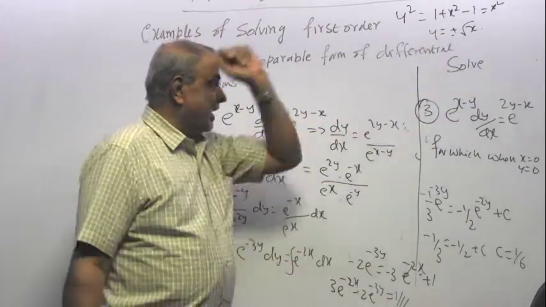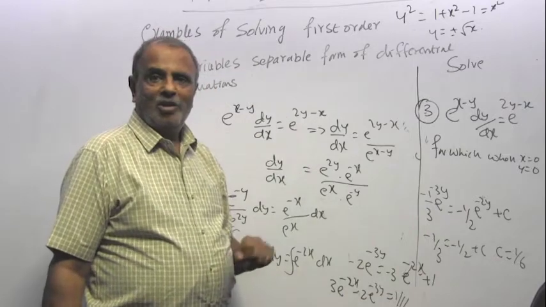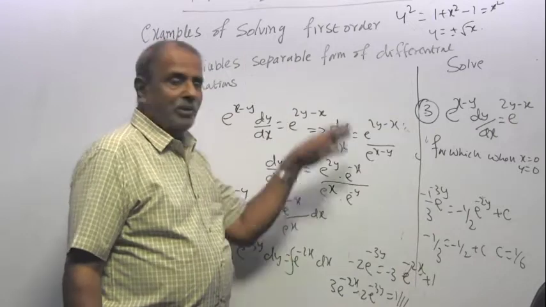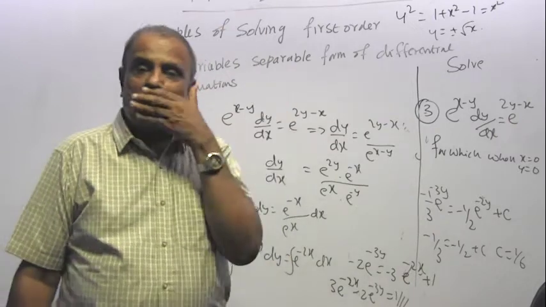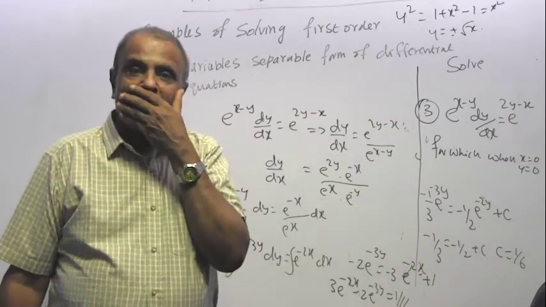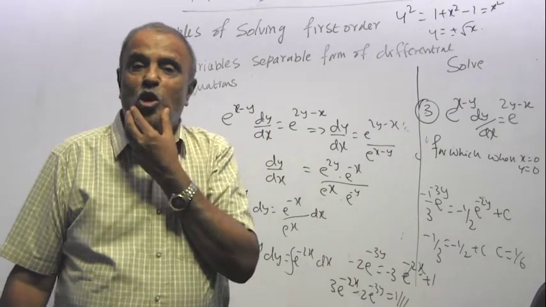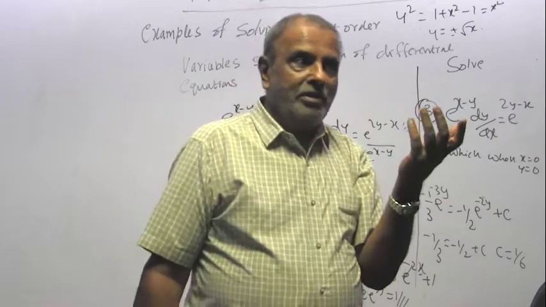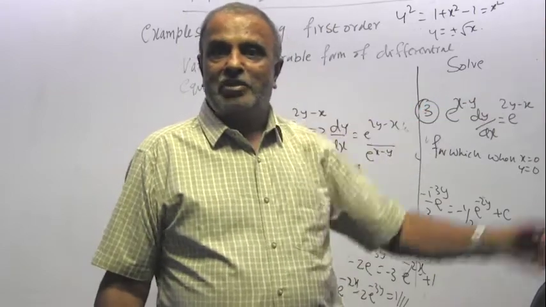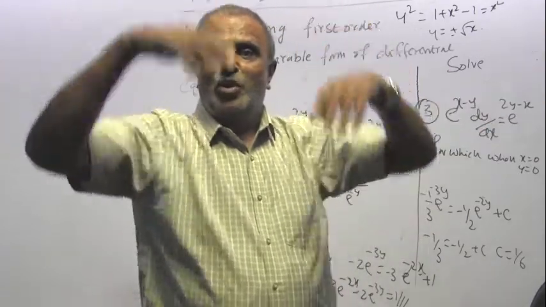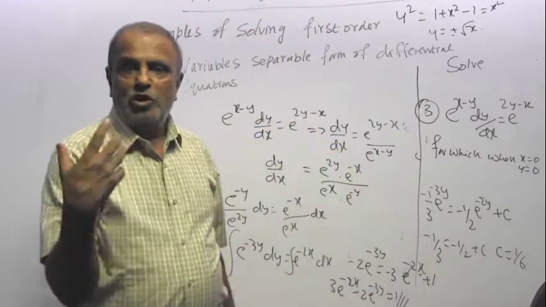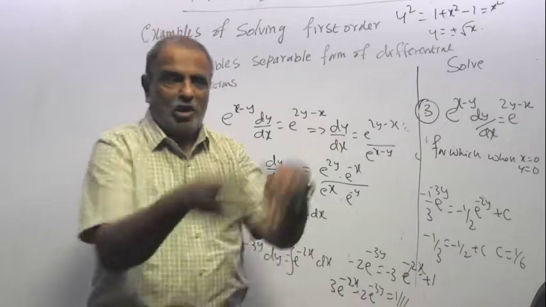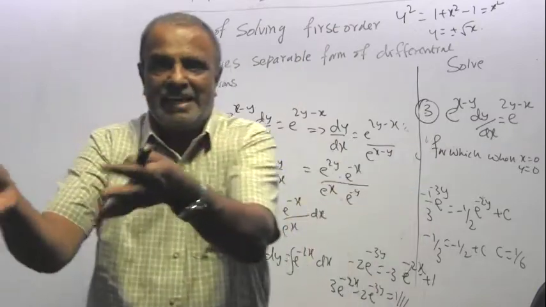So someone took ln, and said ln of 2y minus x minus ln of x minus y is ln dy by dx, and you're trying to solve. That would have led to a Nobel Prize if it had been solved. Just because there is an ln doesn't mean you can take ln the way you want. When you separate the variables, you should only have dx and dy. You can't have ln dy and ln dx.